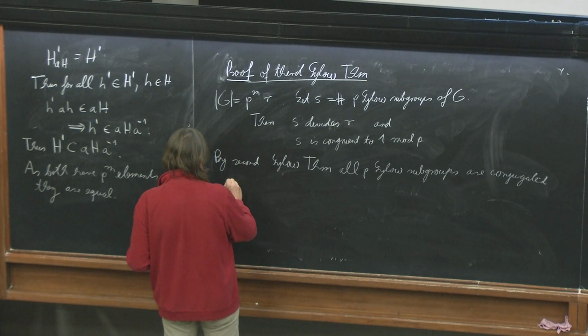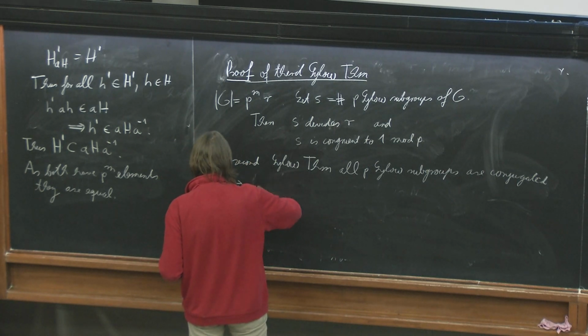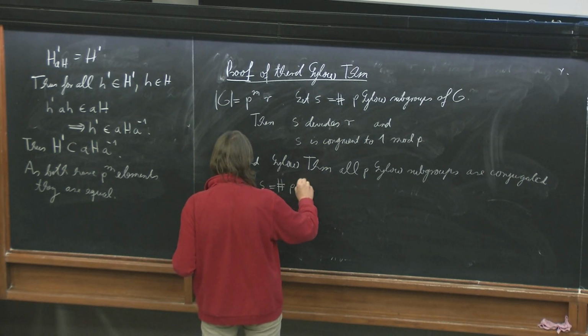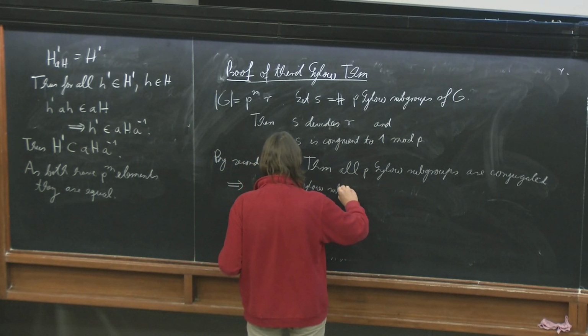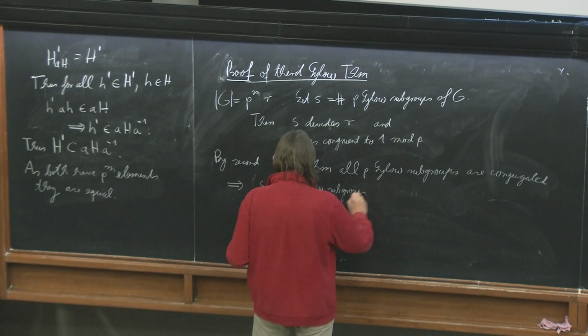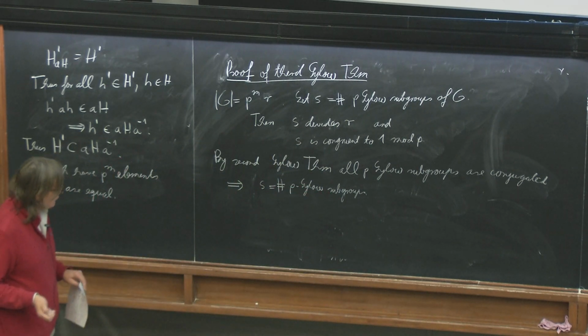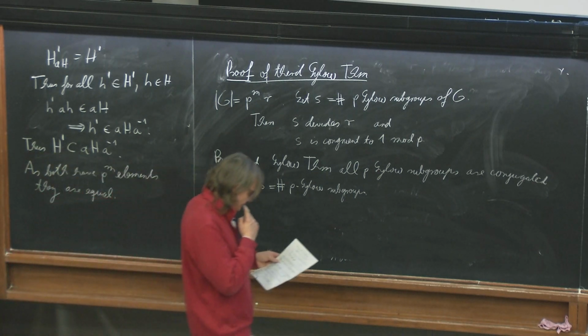So anyway, thus it follows the number of p-Sylow subgroups, so S, which is the number of p-Sylow subgroups, is the number of elements in the orbit of one p-Sylow subgroup under conjugation.